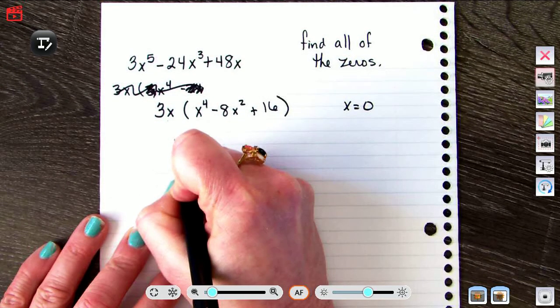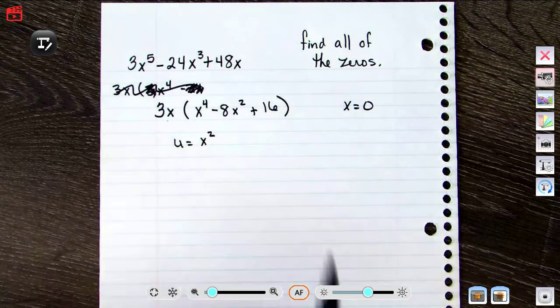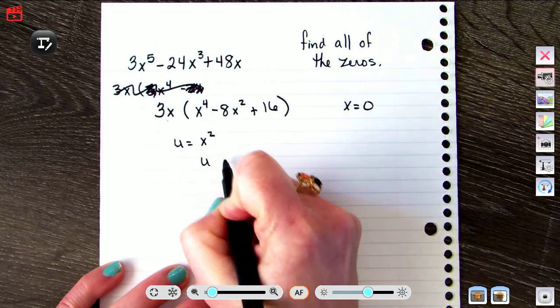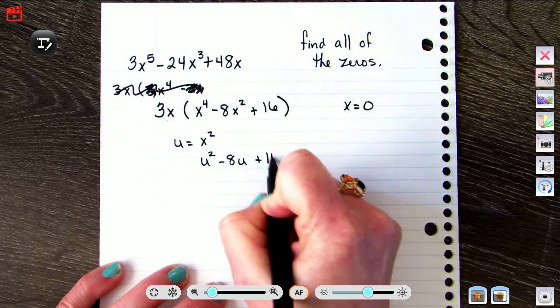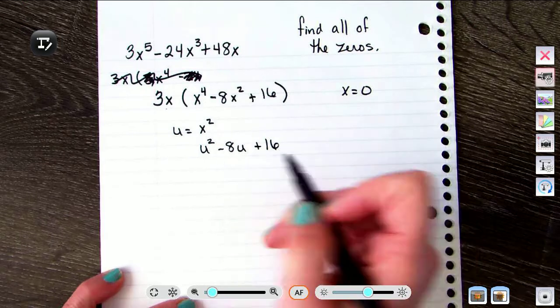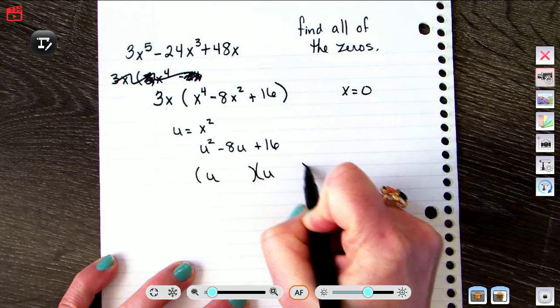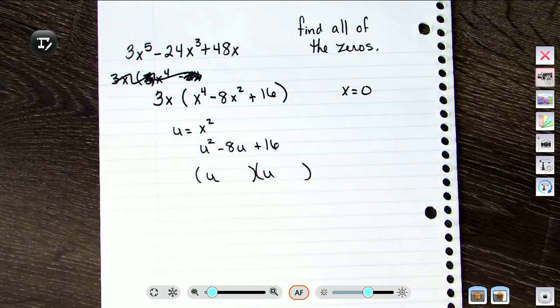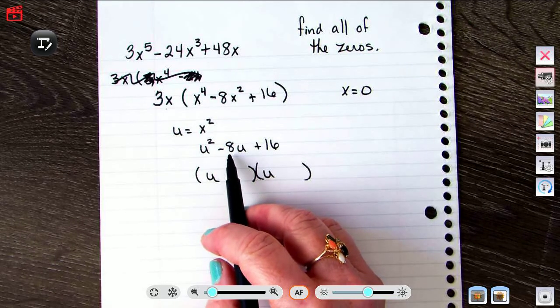So I'm going to let u equal x squared so that we can see it more directly. And this will then turn into u squared minus 8u plus 16. And I can factor this. So I'm looking for 2 numbers that multiply together to give me positive 16, that add together to give me a minus 8.